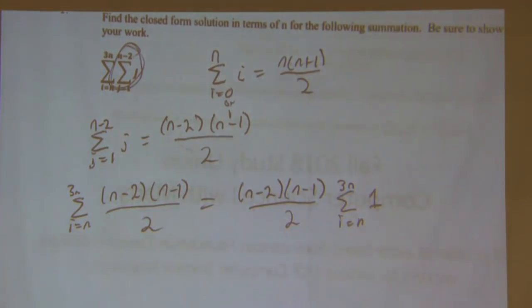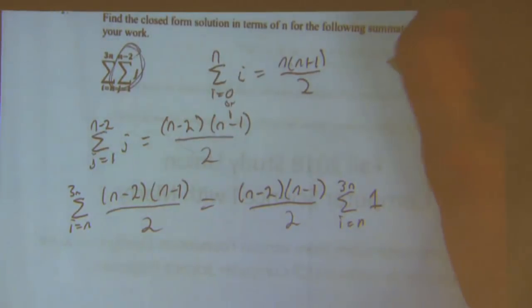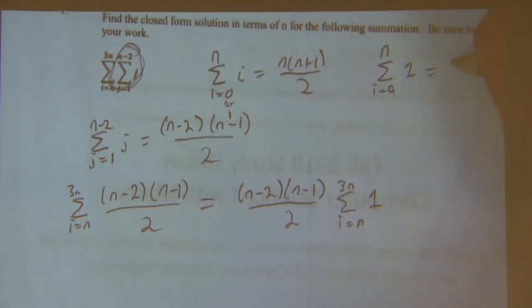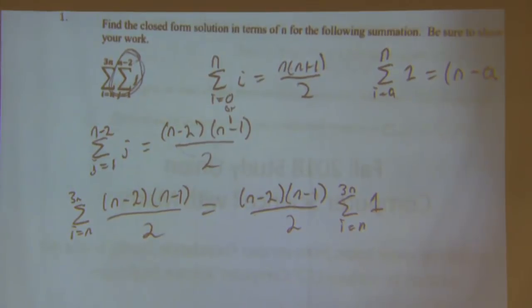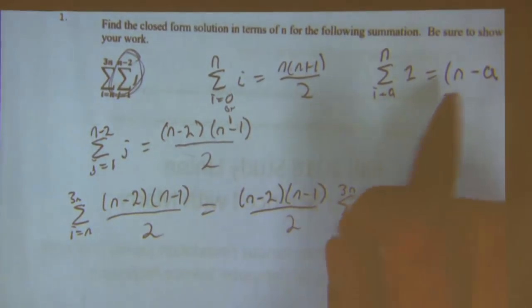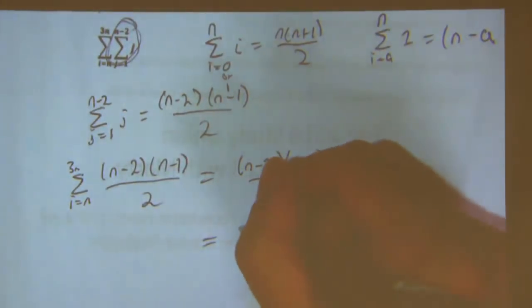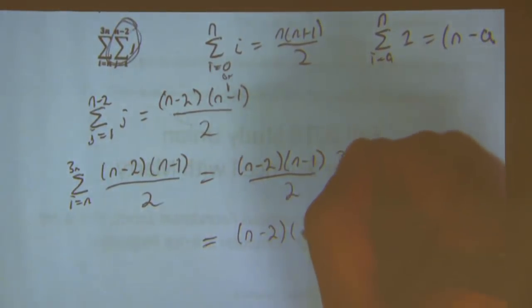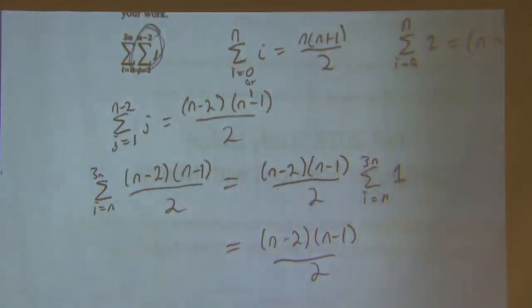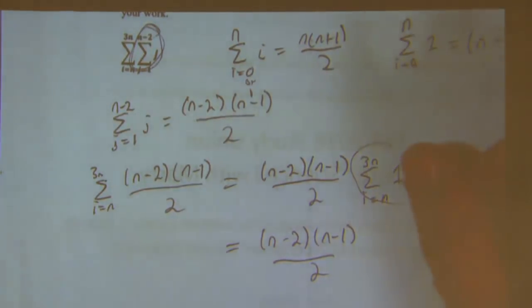We have a formula for summing up a 1 from i equals a to, let's say, n, and that's just n minus a plus 1. So I use this formula, and I get this thing still, n minus 2, n minus 1, all over 2, and then I plug this into the formula up here.